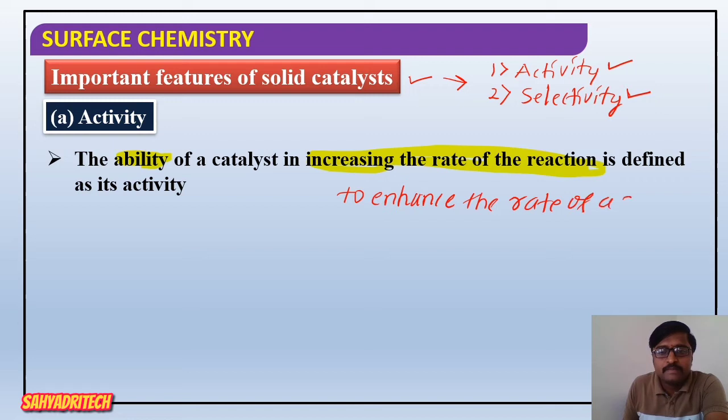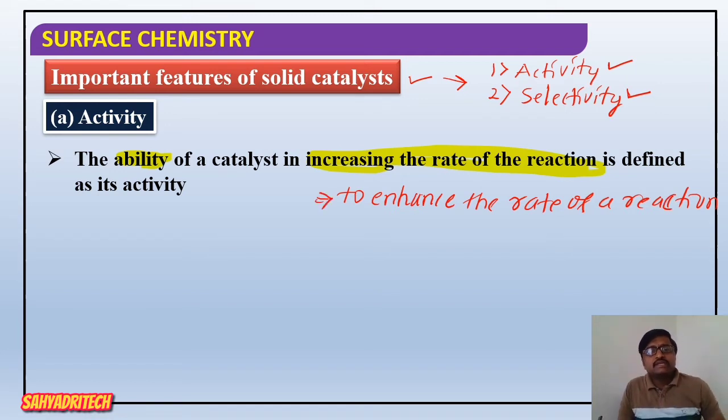Okay, so what do we call it? Activity of a catalyst. So the ability of a catalyst to increase the rate of a reaction, to enhance the rate of a reaction, is called its activity. Is it understood? So all solid catalysts are going to have their activity, meaning they vary with respect to their activities.